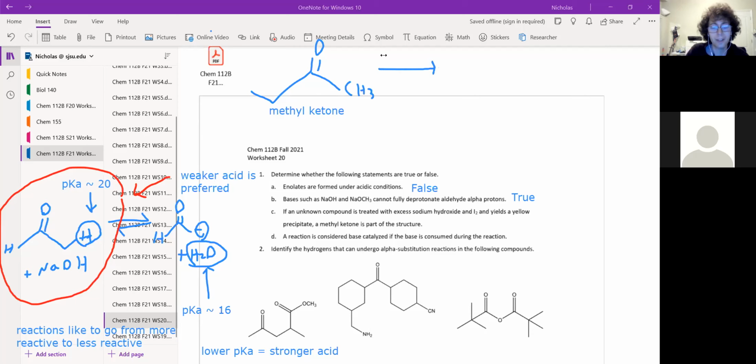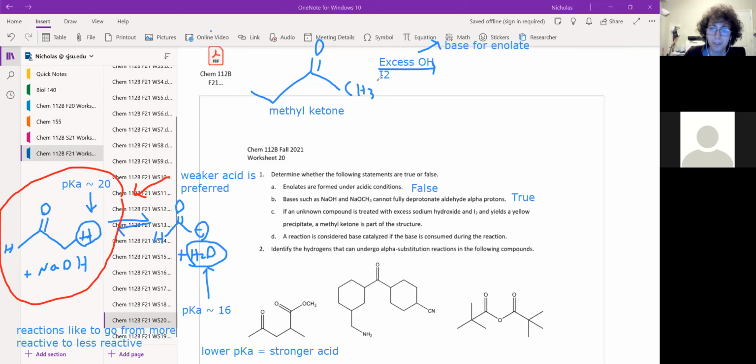So if you're adding excess hydroxide and iodine to a structure like this, the sodium hydroxide is just a base. And we were just discussing that a few minutes ago. You add bases to structures like this to help form an enolate.